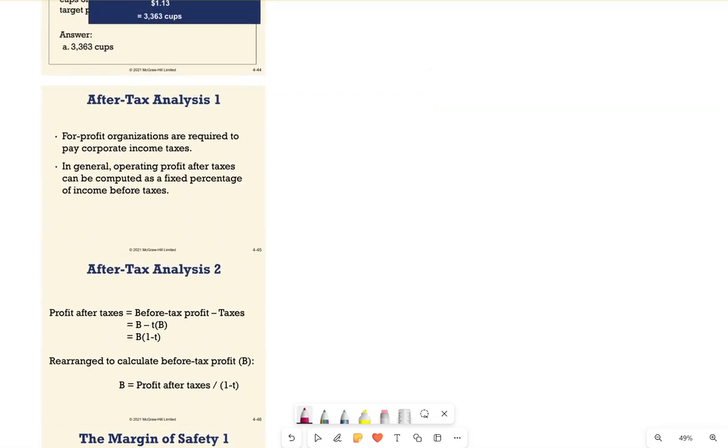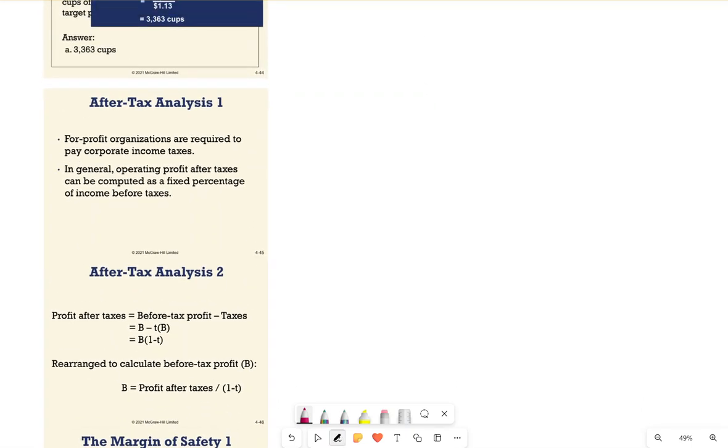And sometimes the question will say profit after tax or before tax. If they give you profit before tax, the question will ask you for profit after tax, which is your profit before tax minus your taxes. How do you calculate your taxes? You have to take 1 minus your tax rate. That's what happens, 1 minus the tax rate.